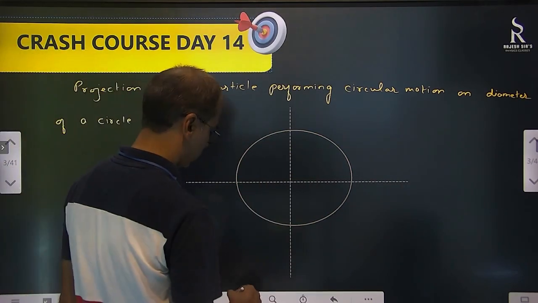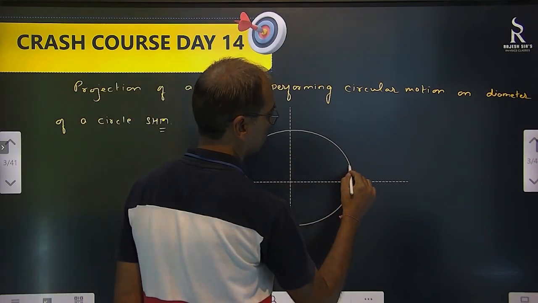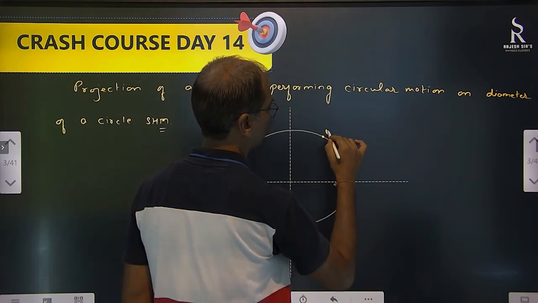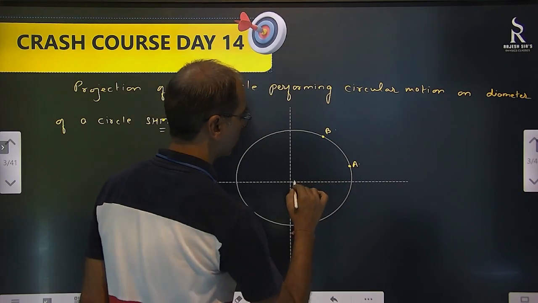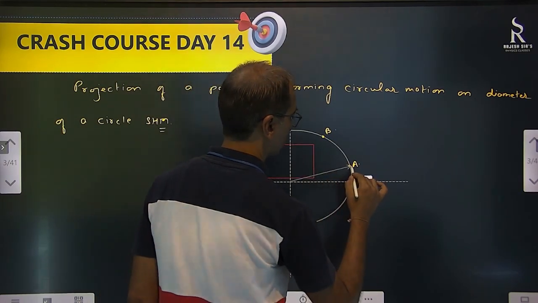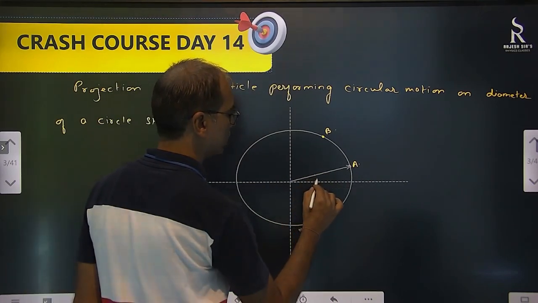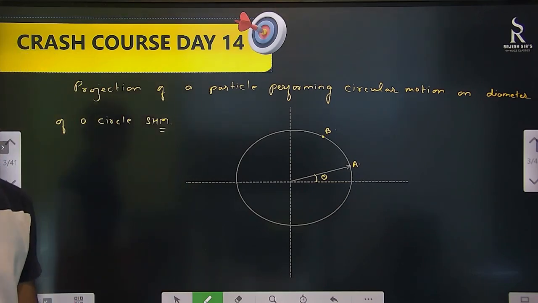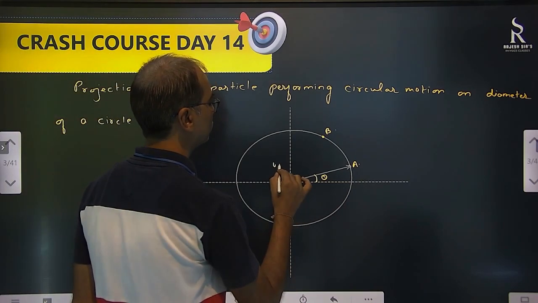If the particle is moving in circular motion, let's say its initial position is this, and it is going to reach over here after some time. So this is initial position, position A. Let's say the initial angular position is theta, and it is moving with angular velocity omega.